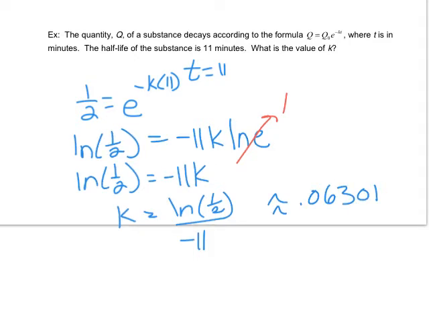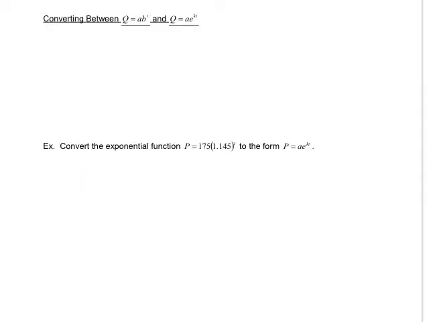Now the negative sign is already up there. If I wanted to talk about the continuous rate, it is going to end up being negative 6.3%.